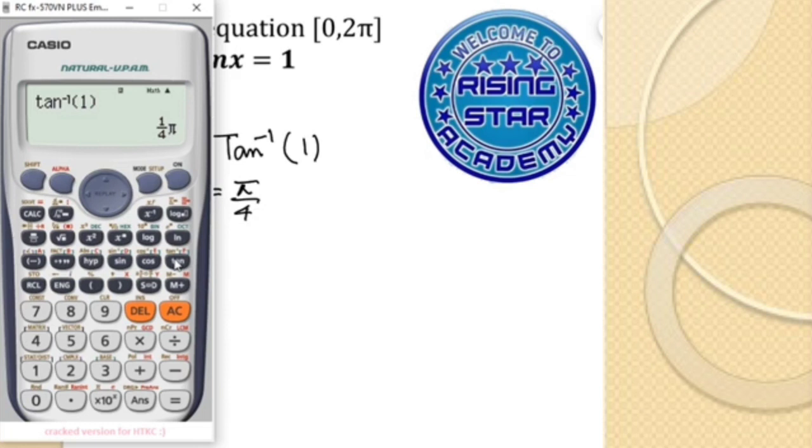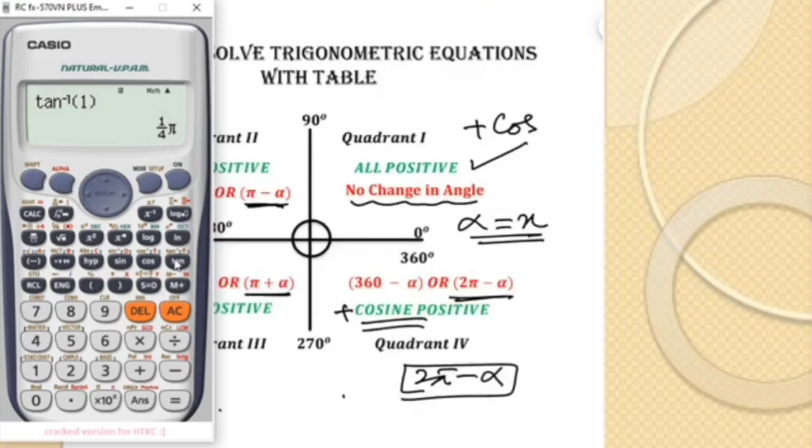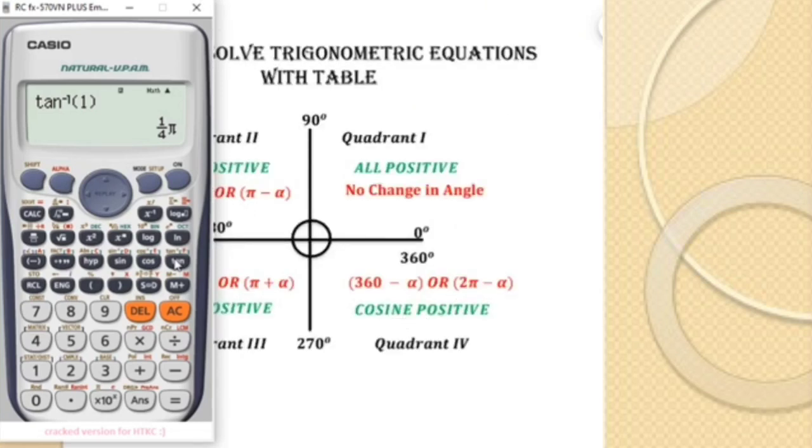Now we'll see where tan is positive. Here tan is positive in the third quadrant, and here tan is positive in the first quadrant.